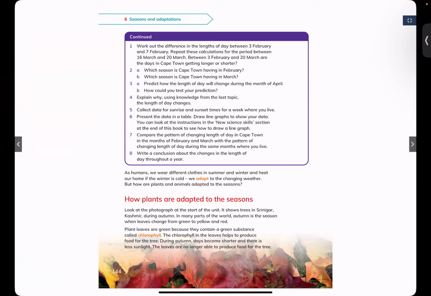So these plants are adapted to the seasons that when it is, say, spring, when it is summer, they'll have green leaves. And when it is closer to autumn, they're going to have orange or red leaf because now they're experiencing less amount of sunlight.